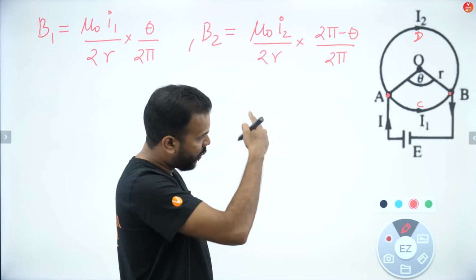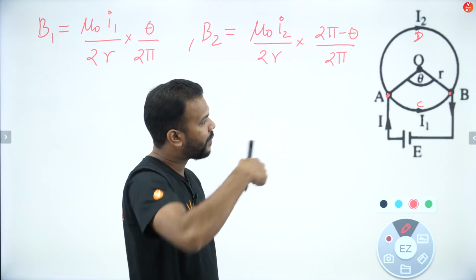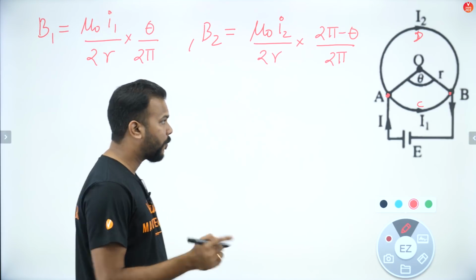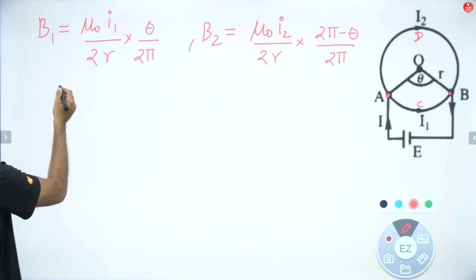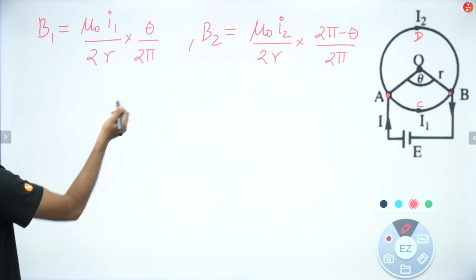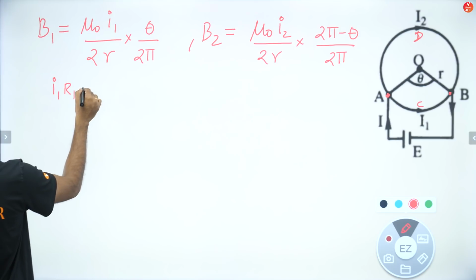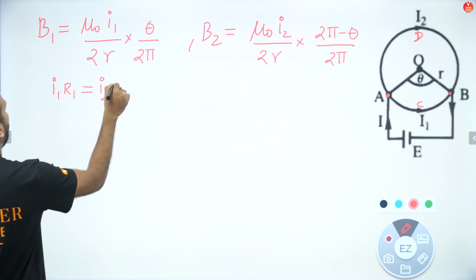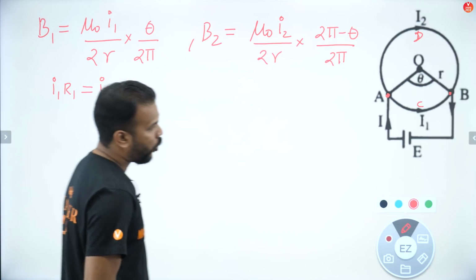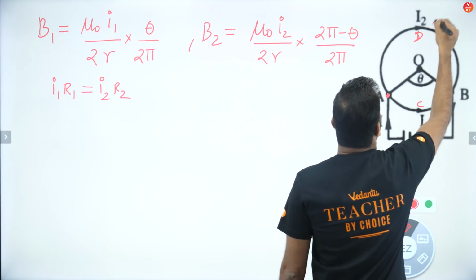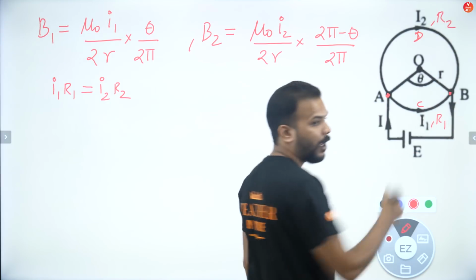That means the lower section ACB and the upper section ADB are connected in parallel, so they have the same potential drop. So I can say that E is the same for both of them, and I can write I1 R1 is equal to I2 R2, calling this section resistance R1 and this section resistance R2.